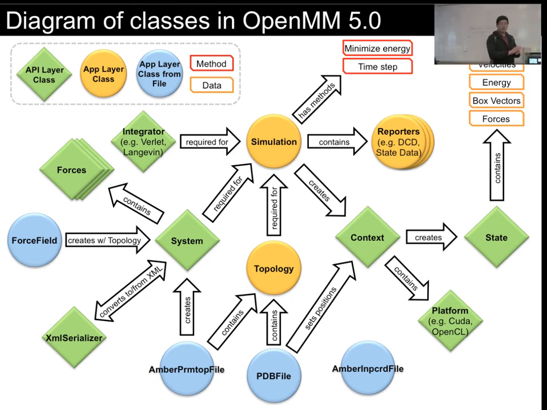In other MD codes, there's usually a single executable that will run your molecular dynamics simulation for you, like Sander, PMEMD, Charmm, mdrun. I can name a bunch of these. In OpenMM, we currently don't really have this. Rather you write a Python script that runs your simulation for you.